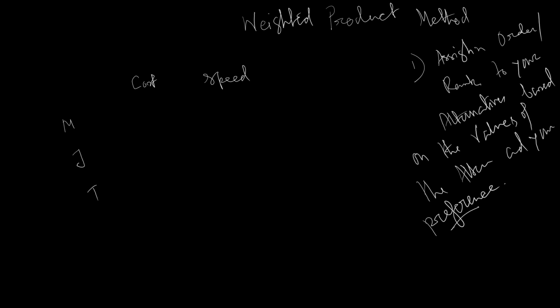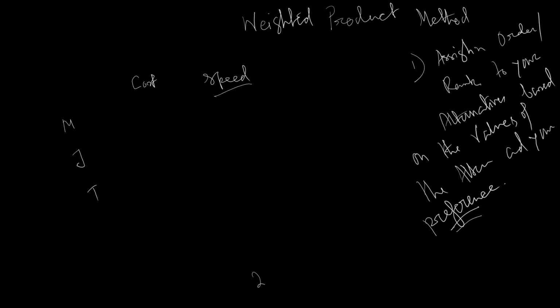So when you are assigning order to the values of such criteria, you must implement your preference, not just bluntly assign the order as per magnitude. Speed is coherent to your decision making. The more the speed, the more you will prefer the alternative. So no problem for speed, but for cost, you have to consider your preference.